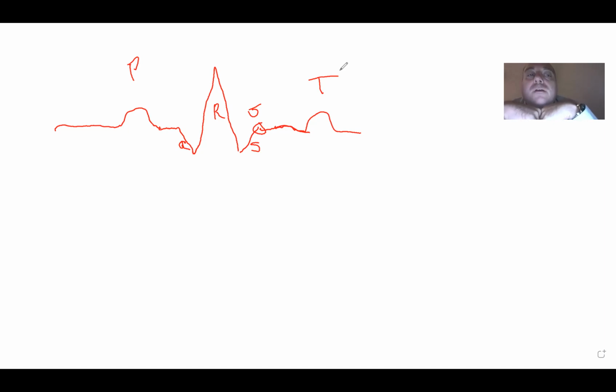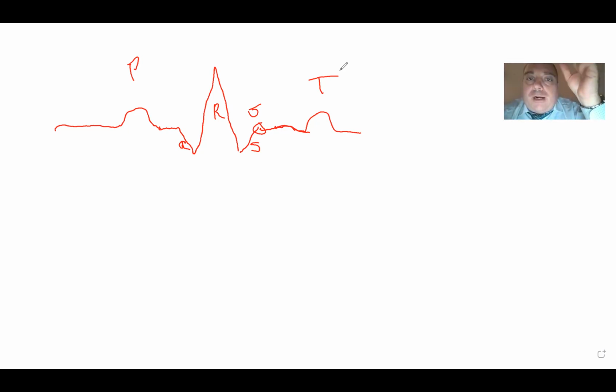So when a P wave occurs and you have atrial depolarization, you should have atrial contraction bilaterally, in both atriums. And when you have a QRS, which is ventricular depolarization, you should have a ventricular contraction. That makes sense when we think about the order in which the heart works physiologically.